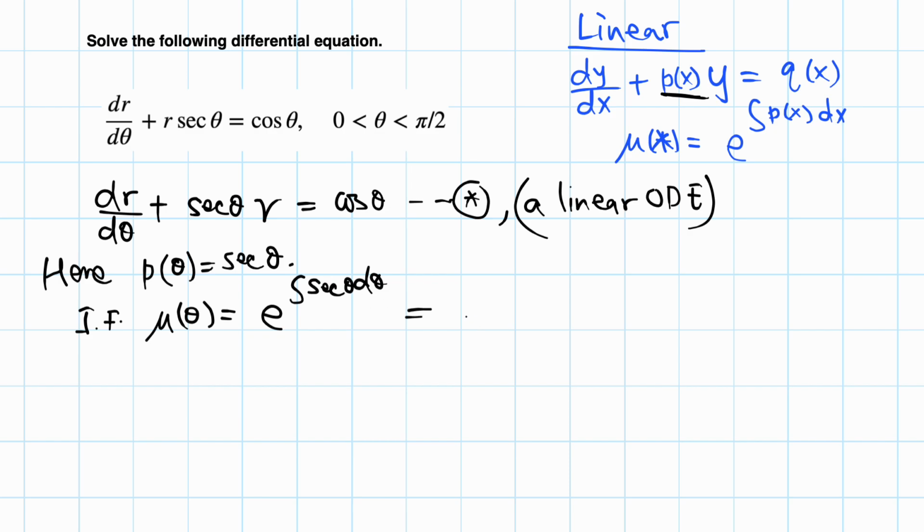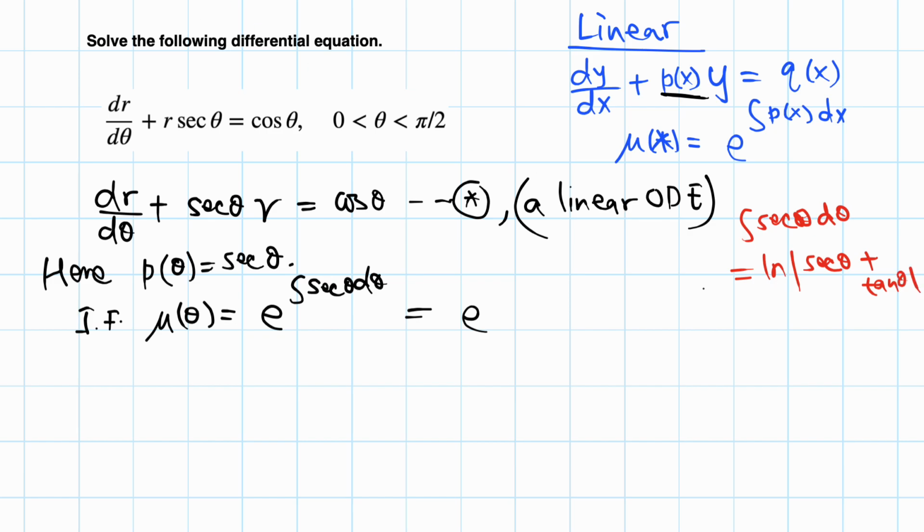Now let's integrate. So e raised to, what is the integral of this one? Which one is not easy. Let me recall that. Secant theta d theta, from calculus 2 we saw that it's natural log of secant theta plus tangent theta.